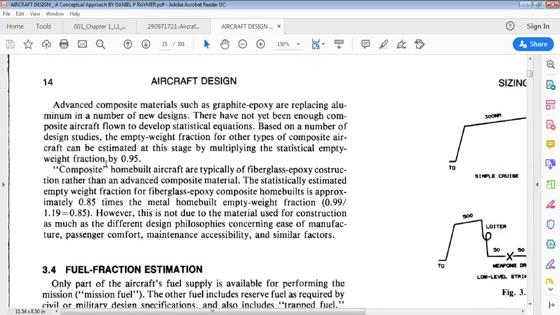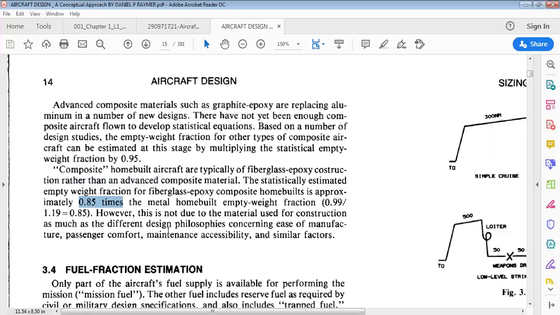Before going to that, you can look here, composite home built aircraft are typically fiberglass epoxy construction, rather than advanced composite material. The statistically estimated empty weight fraction of a fiberglass epoxy composite home built is approximately 0.85 times that of the metal home built.